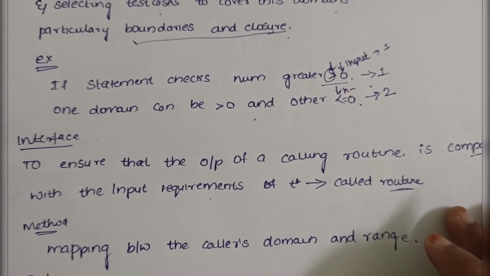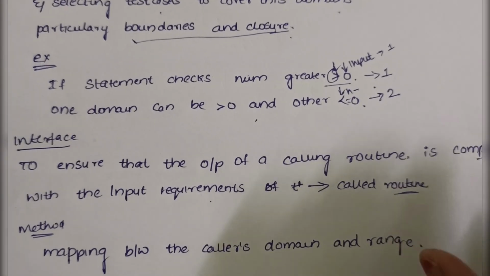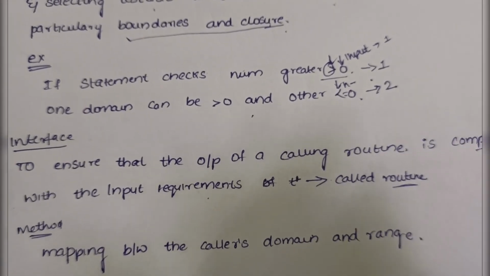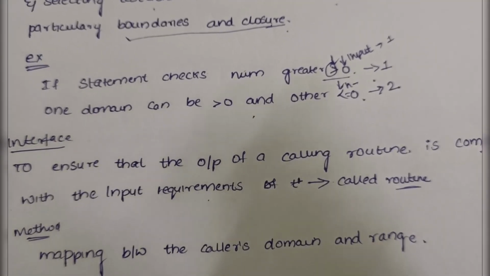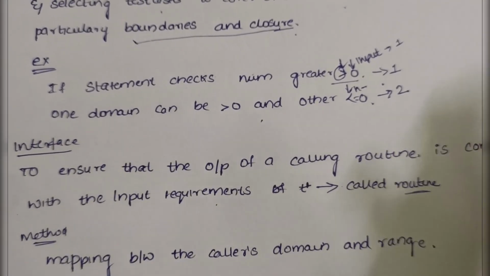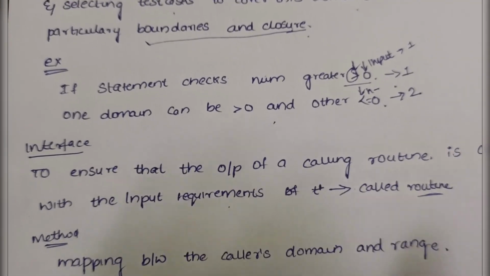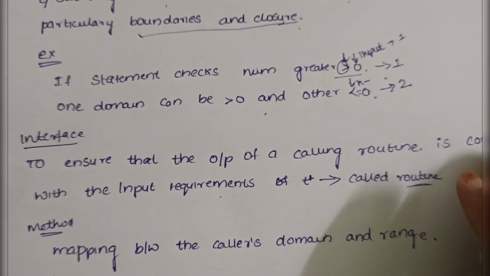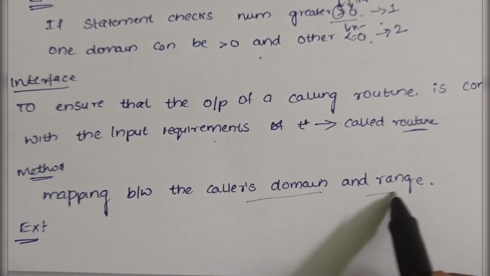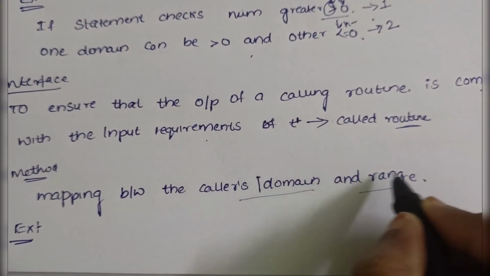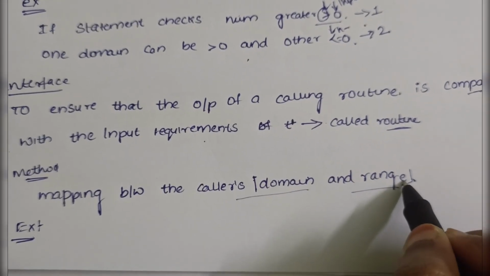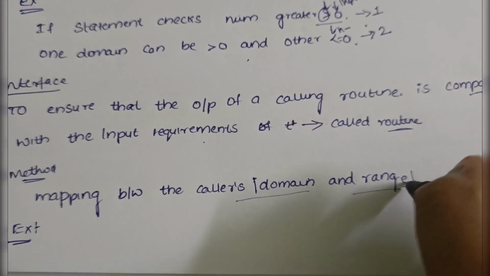Interface is nothing but mapping between the two systems or two domains to get correct, flexible output. We give correct input values and input requirements to it, which is mapping between callers, domain and range. These can be applications of domain and interface testing.